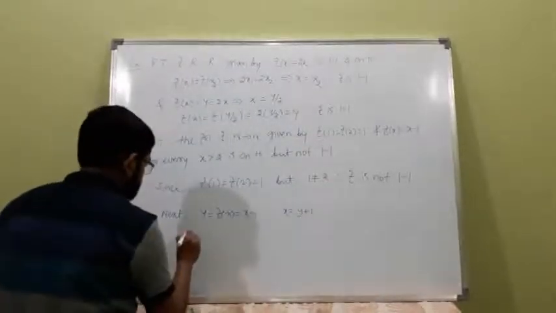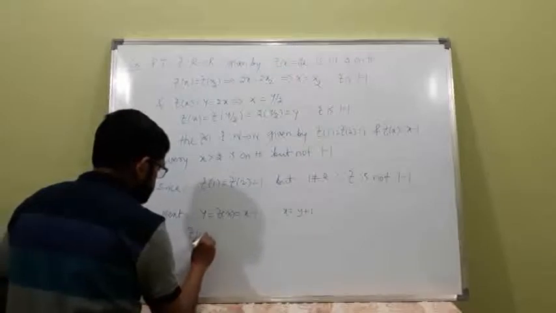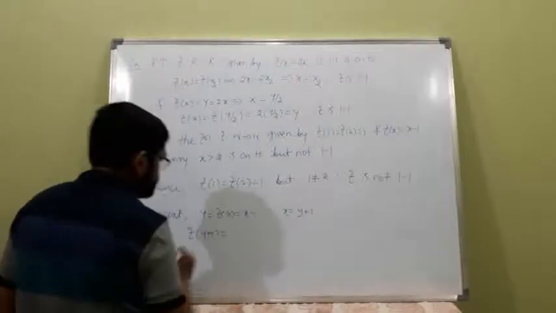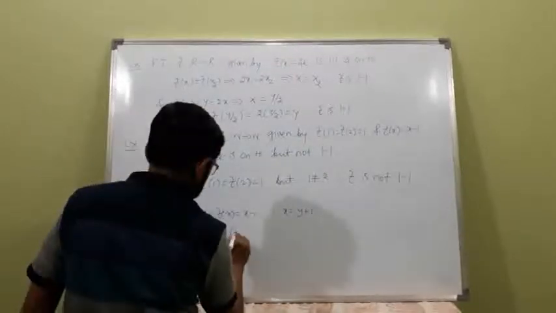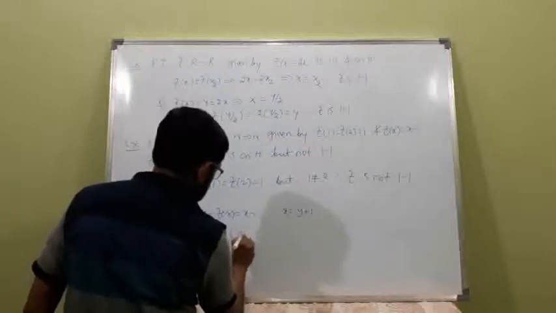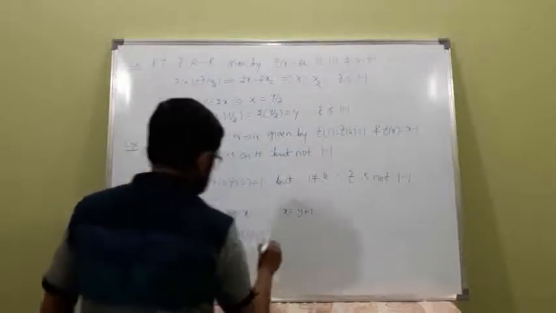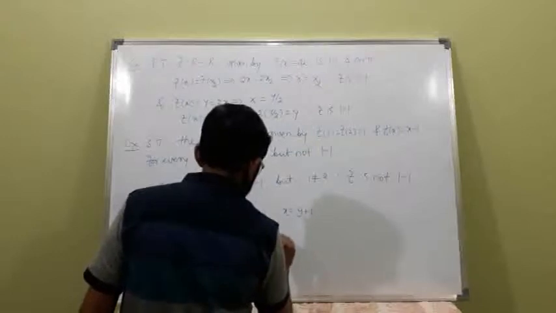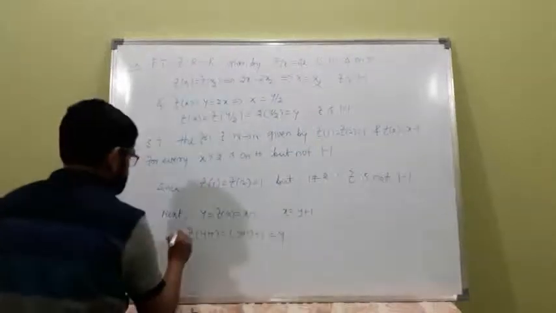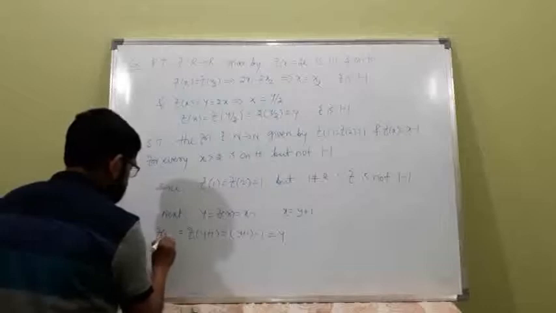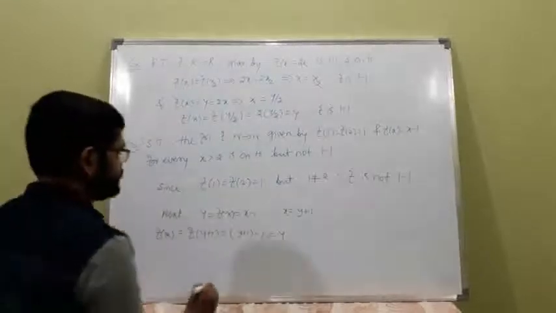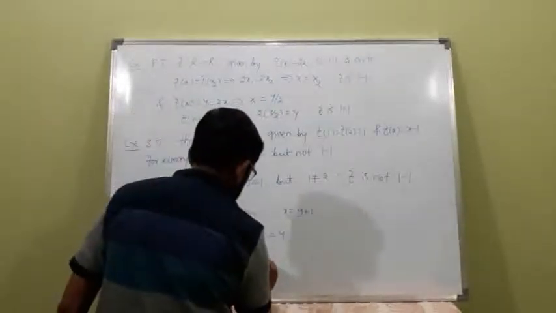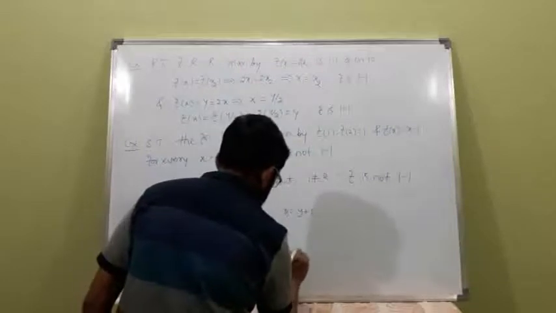So, f of y plus 1 is equal to y plus 1 minus 1 is equal to y. This is f(x). So f(x) is equal to y. Therefore, f is onto.